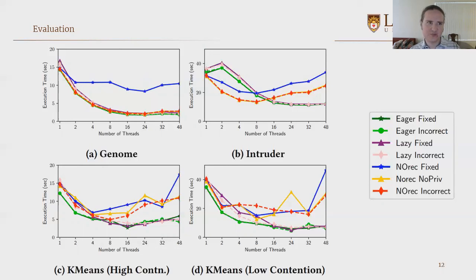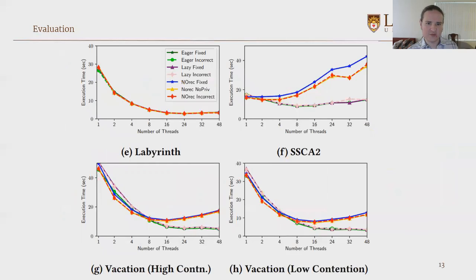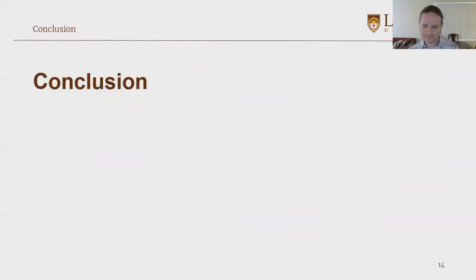It's using the wrong version of privatization, and it's not using atomic variables. As we can see here, the impact of the use of atomics is not significant, but unfortunately, the blue line representing the fixed version of NOrec is significantly slower, and we see the same thing on this page as well.